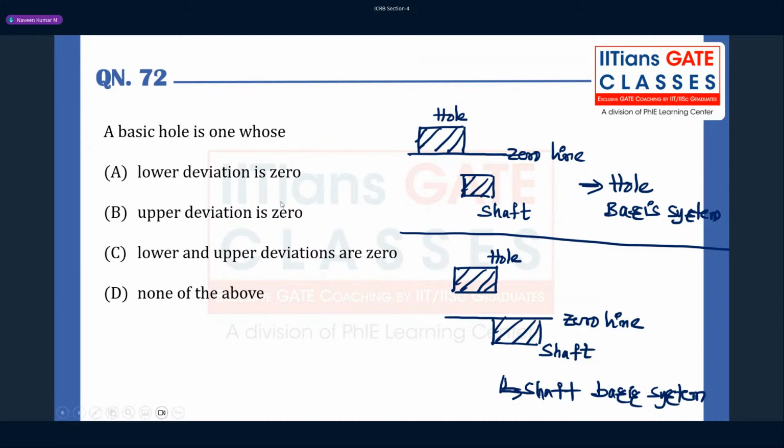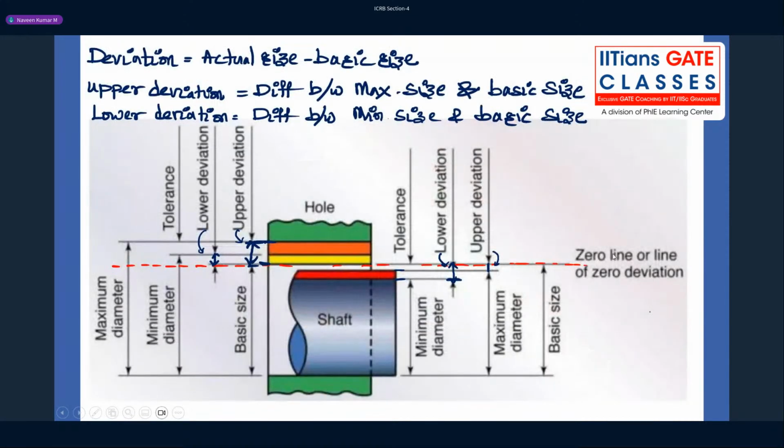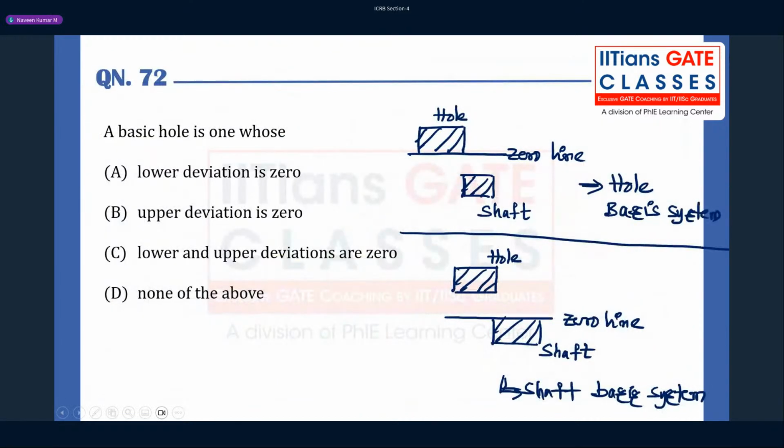Basic hole is one whose lower deviation is zero. They're asking for basic hole. Basic means the basic dimension, the basic size, and basic size will coincide with the zero line, as I told you already. Now they want the basic hole size. In which system can you get it?